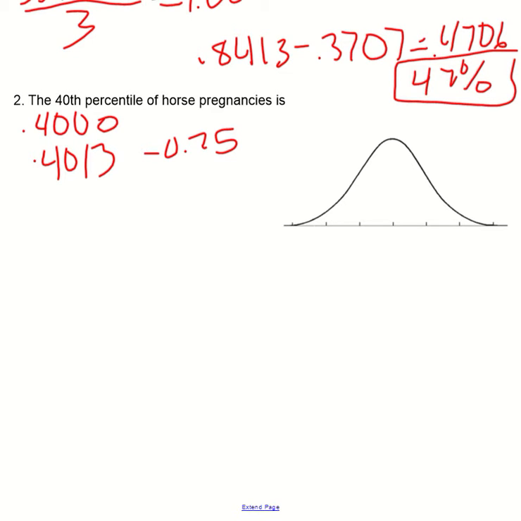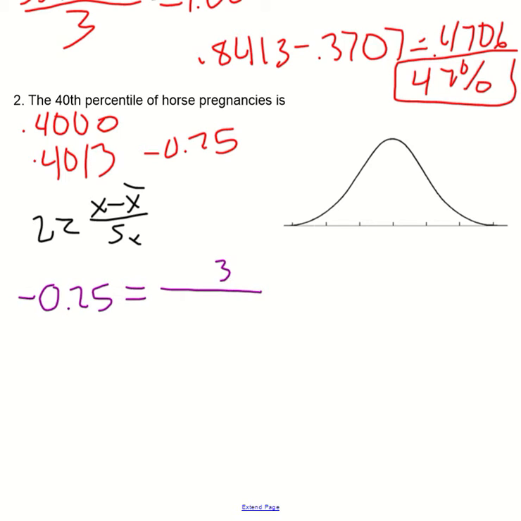And so what we do now is we know the z-score, but we don't know how many days this is. So we go back to our equation, z equals x minus x bar over sx. We plug in what we know. We know the z-score is negative 0.25. We know the x bar is 336 and the standard deviation is 3, but we don't know how many days it is. So our goal is to find x.